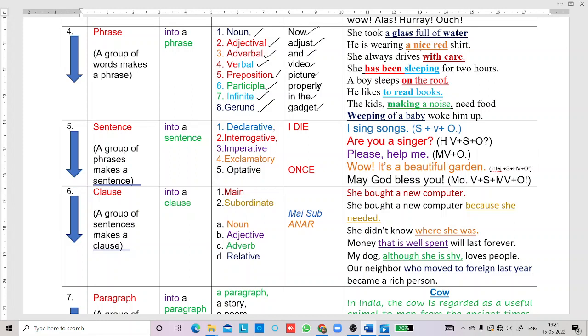Next, participle phrase. Example, he likes to read books. Generally, read is a verb, to is infinitive, so participle. Now again we have different types of participles, present, past, and so on.